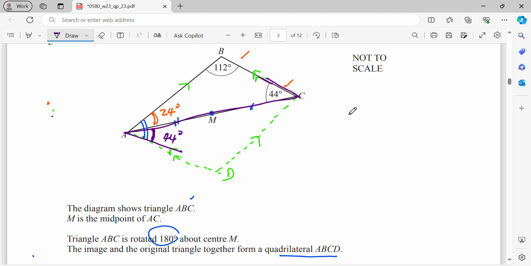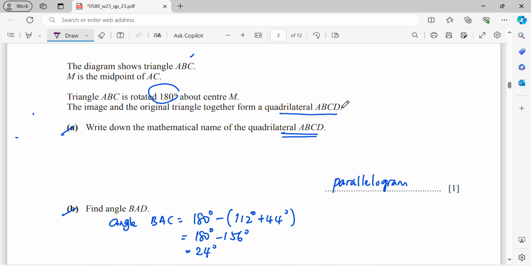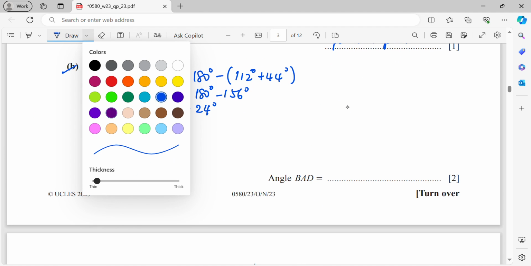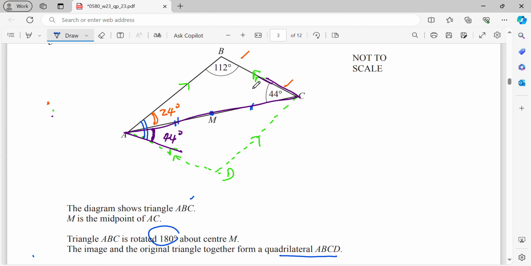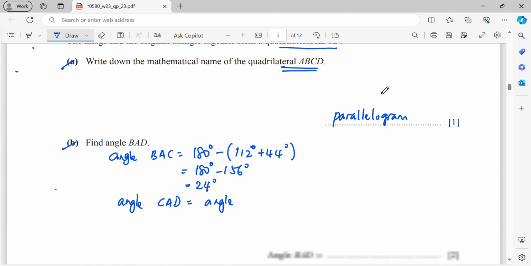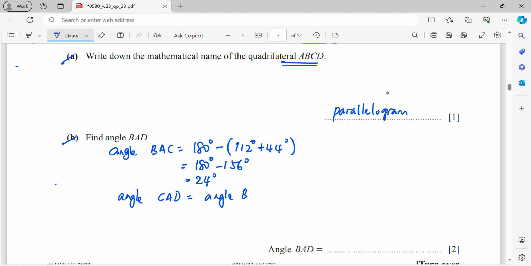So angle CAD equals angle BCA, which is 44 degrees.